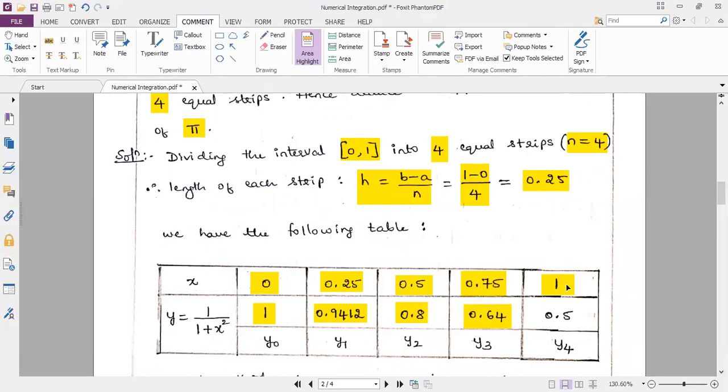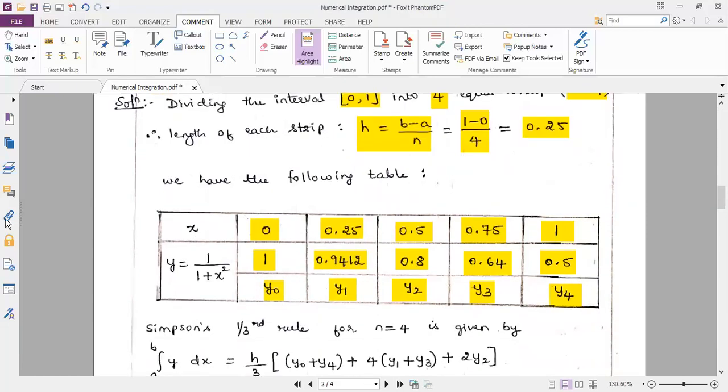And finally, when x is 1, we obtain y as 0.5. We denote these respective values of y as y0, y1, y2, y3 and y4. Observe that for n is equal to 4, we have 5 ordinates. The values of y are usually called as the word ordinates.